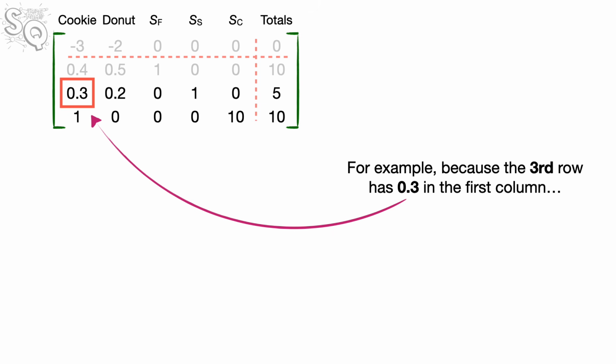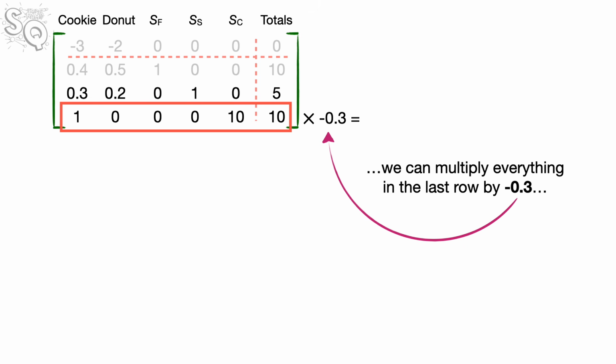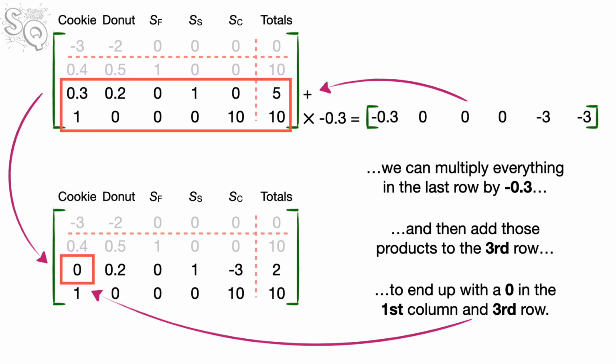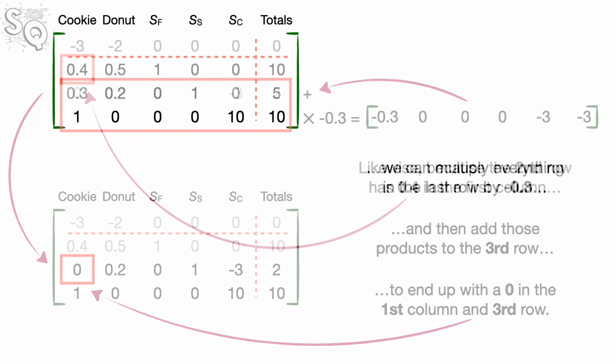For example, because the third row has 0.3 in the first column, we multiply everything in the last row by negative 0.3, and then add those products to the third row, to end up with a 0 in the first column and third row.